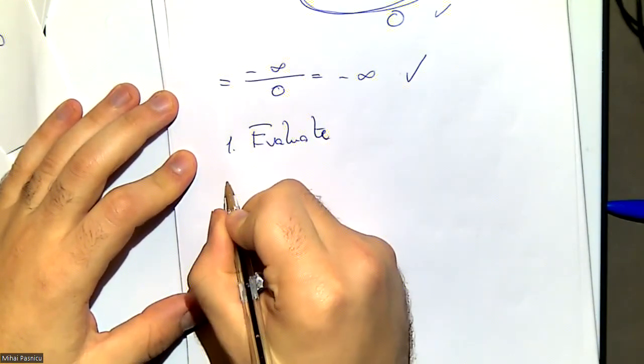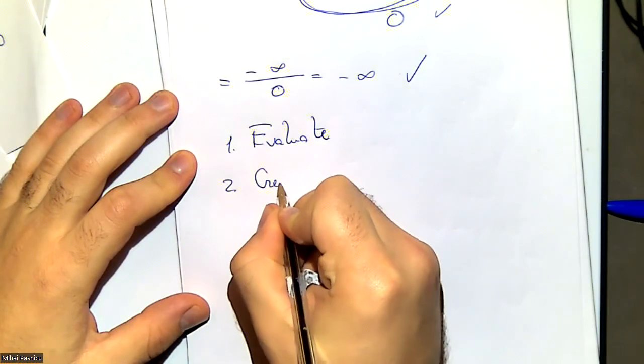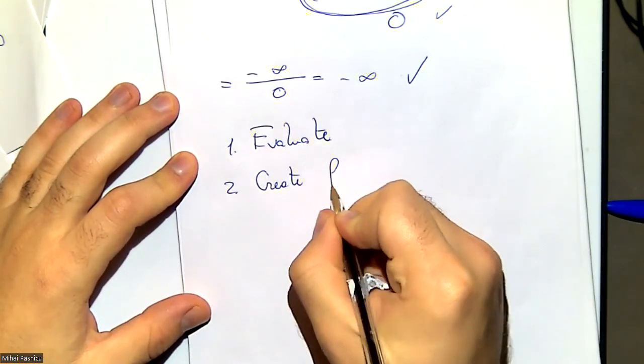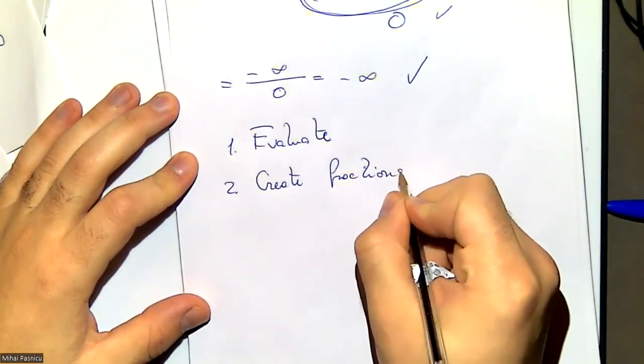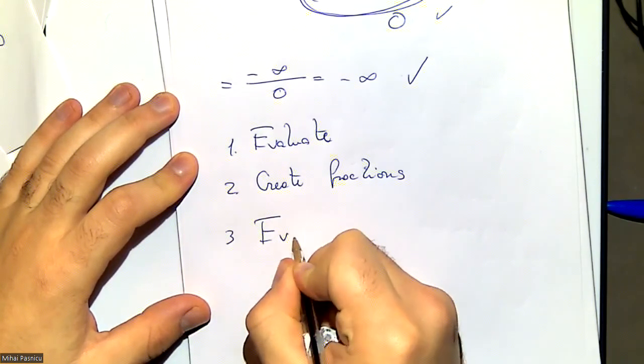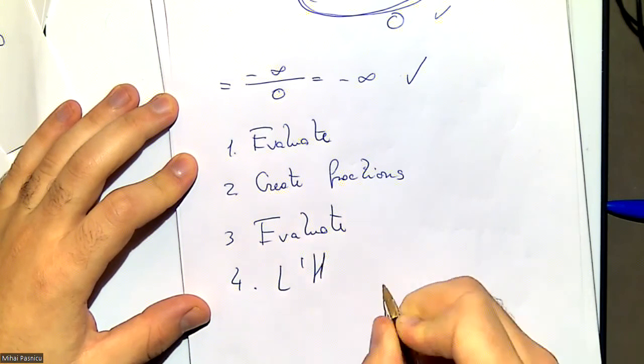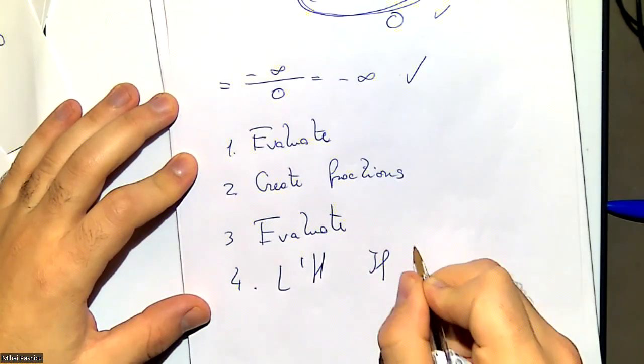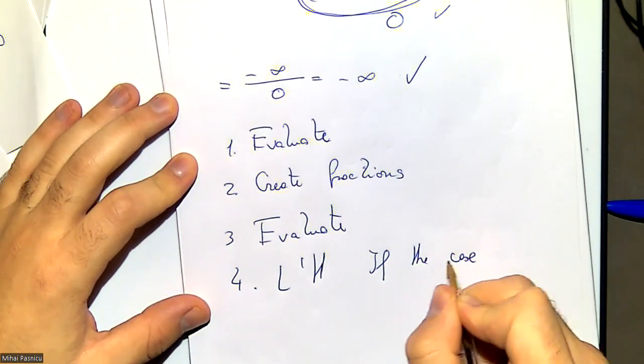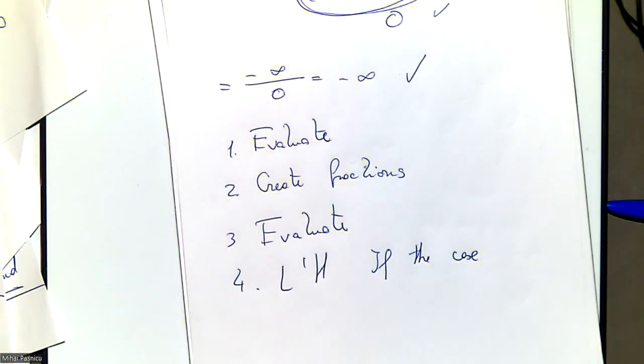Evaluate, and then create fractions, and then evaluate. And the last one is actually applying L'Hopital, if the case. I'll put another evaluate there somewhere, but I don't know where. Evaluate as much as you need to.